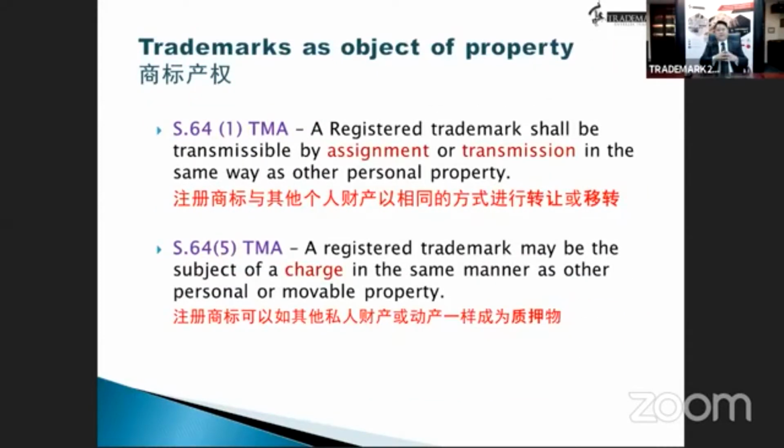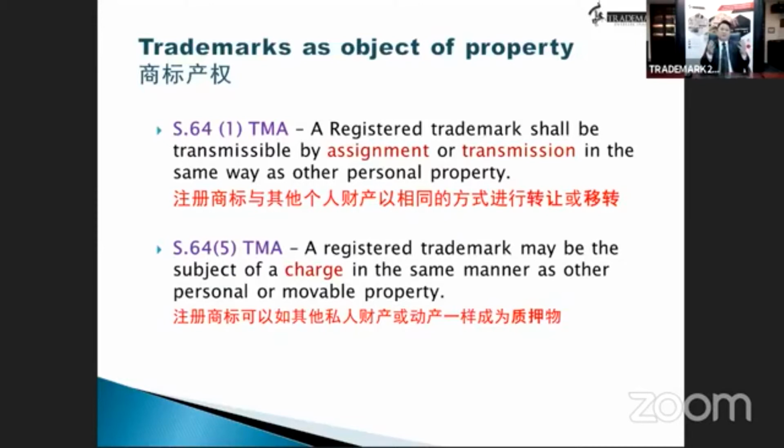So under section 64 of the Trademark Act, a registered trademark can be assigned like your personal property. And section 64 subsection 5 says that a registered trademark may be the subject of a charge, like your personal property. So what do you mean by charge?